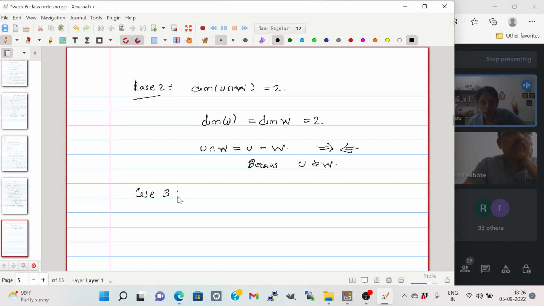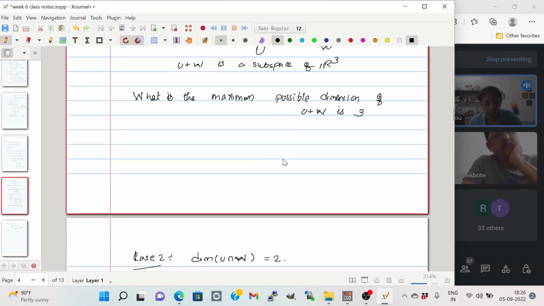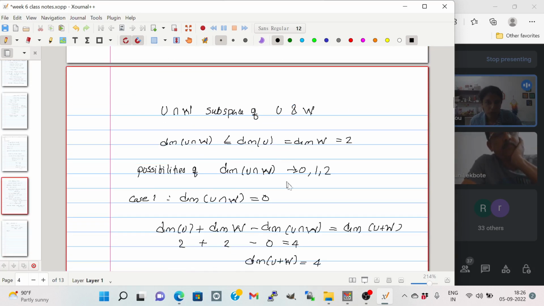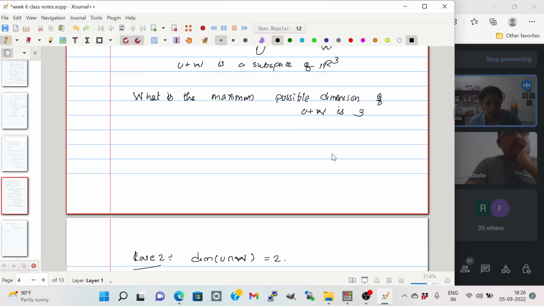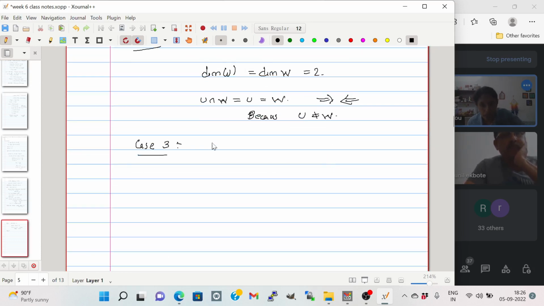So we removed the two cases, that is dimension of U intersection W equals 0 and dimension of U intersection W equals 2. So the only possibilities were 0, 1 and 2. We removed the 0 case and 2 case. So the only possibility is dimension of U intersection W is 1. Is this clear for everyone?